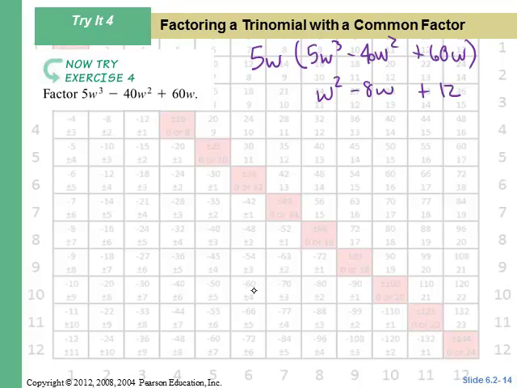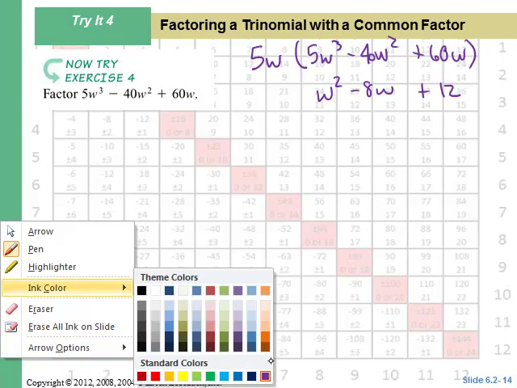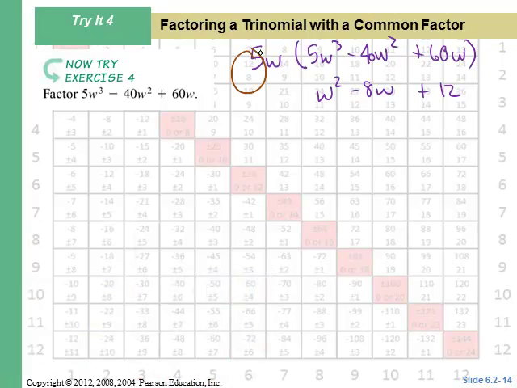So we're looking at the corner of 12 and 8. I'm going to change colors here so that you can see where I am. 12 and 8 is right there. So that's at the corner of 6 and 2, w minus 6, w plus 2. And then remember the 5w out front.